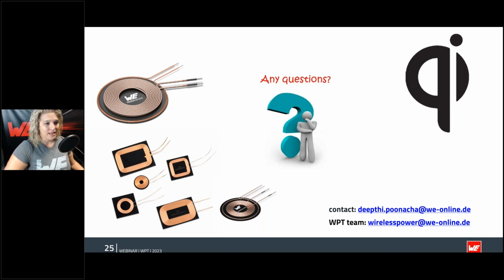Our final question is on the possibilities of integrating NFC with a high power WPT system greater than 10 kilowatts. What are the most important considerations when designing the WPT coil and NFC antenna? The most important thing to keep in mind is to find the right operating point between the NFC and the WPT system.